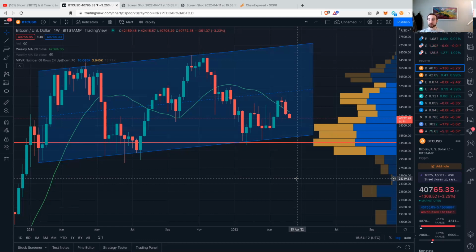You might get lucky and do it once or twice, but it's impossible to do with any kind of reliability. And so when we're in a range that's looking favorable, it makes sense to accumulate gradually so that you average out your cost basis, and that tends to translate into a pretty good average entry price.